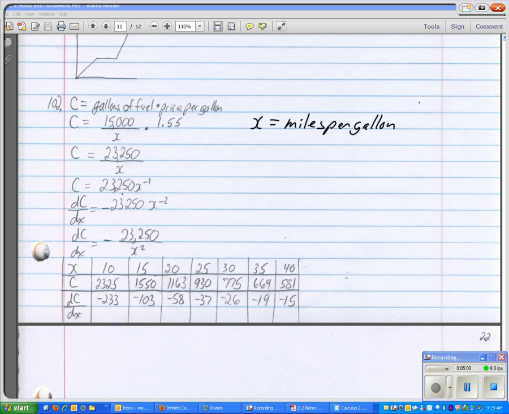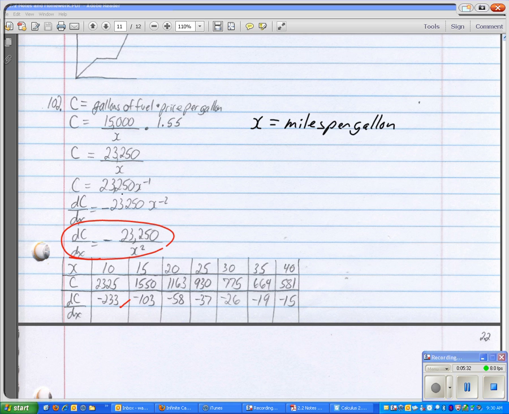Okay, so filling in the cost line's fairly easy, right? Filling in the dC/dx line's pretty easy too. All we're doing now is taking the X and putting it in right there. So you'd put in a 10, square it, get 100, do the division. What does dC/dx mean?